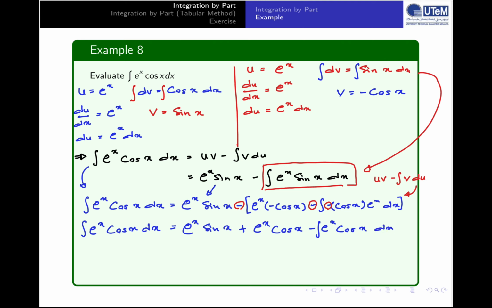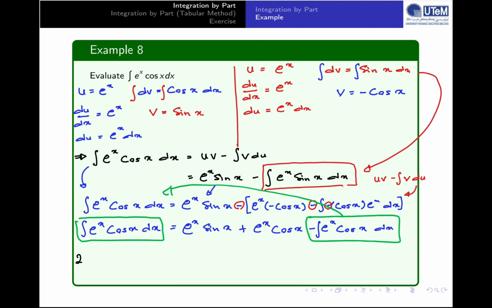Okay, if we can see this one is equal to this one, so we can move to the left hand side, so we can get 2, because here is negative.